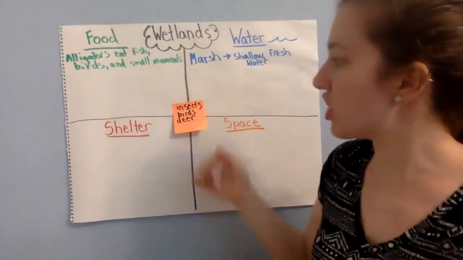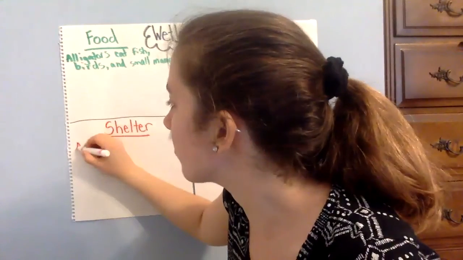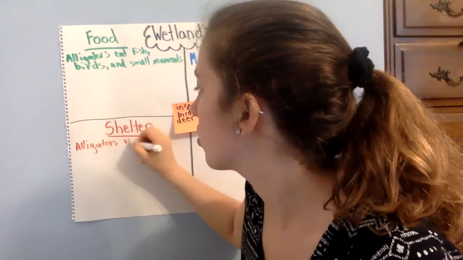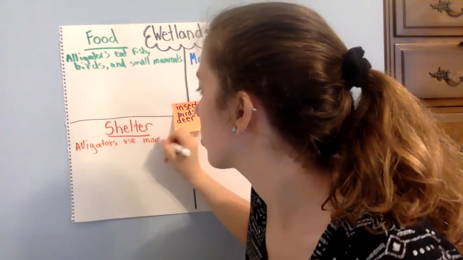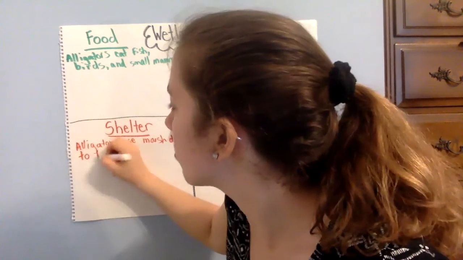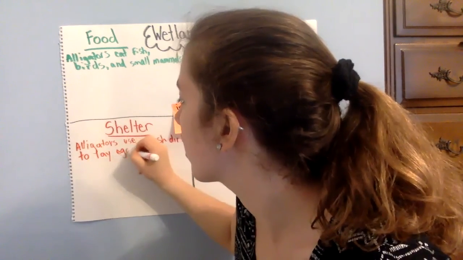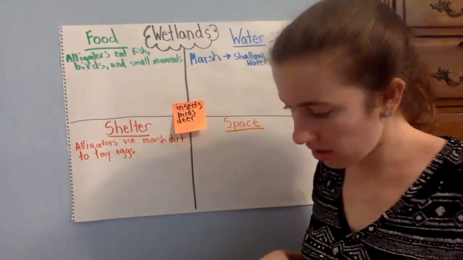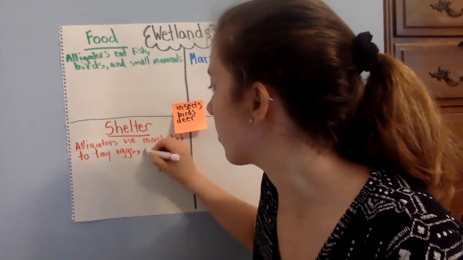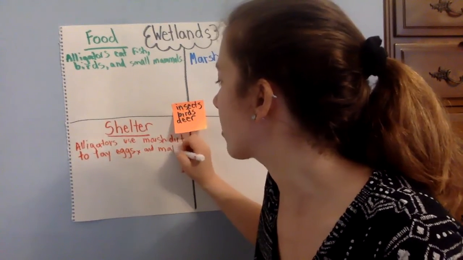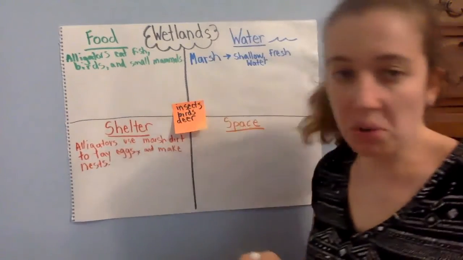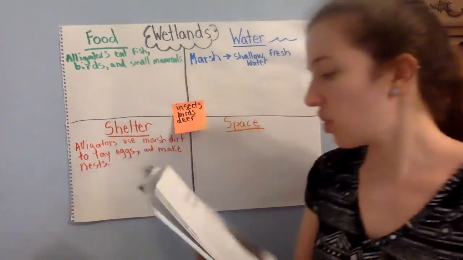So I'm going to say for shelter that alligators use marsh dirt to lay eggs. Oh, and make nests to lay eggs. I can just do a cross out and make nests. So we're learning how alligators use the marsh for their shelter.